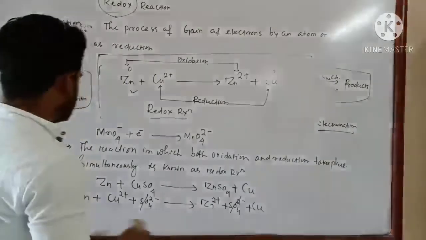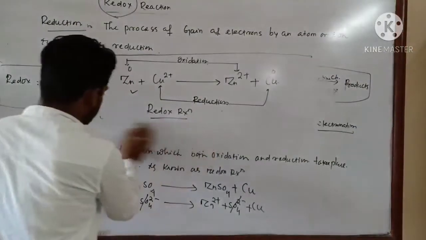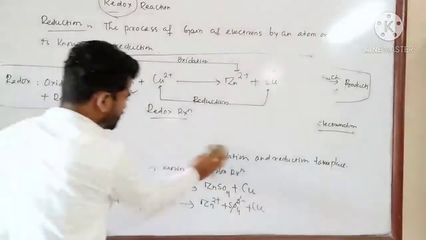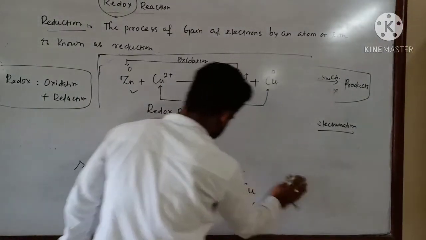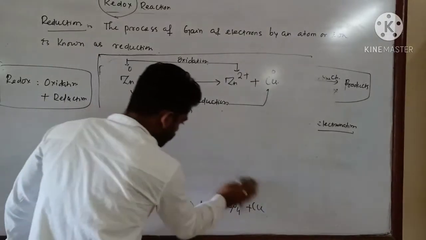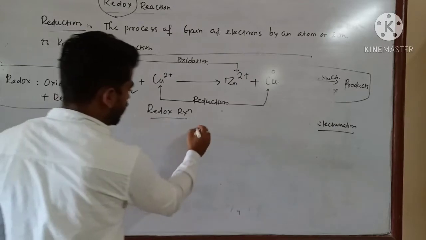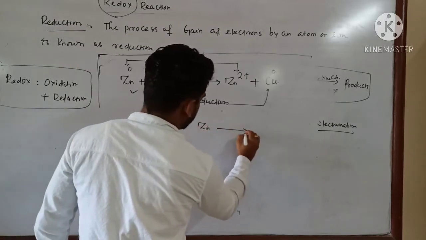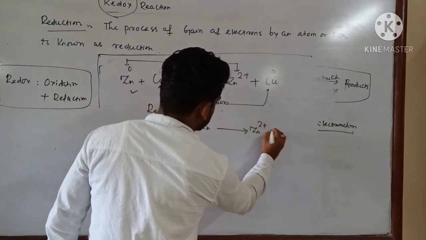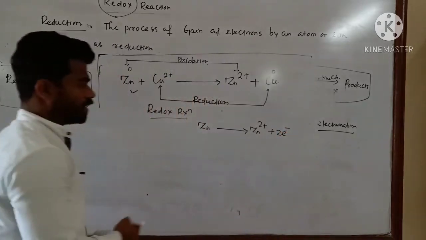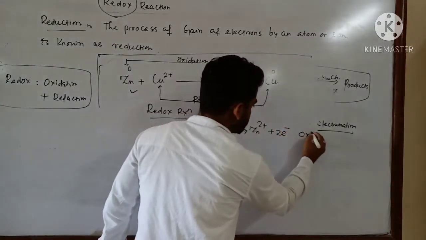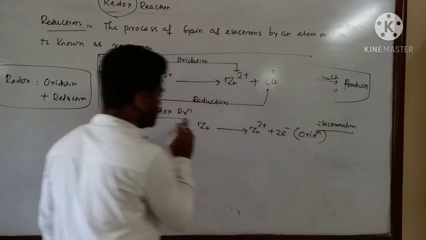Is that clear? So in this redox reaction, you should know the species which is oxidized is known as reducing agent. Here you see, so Zn get converted into Zn2+ with the loss of how many electrons? Tell me. 2 electrons. So this is known as oxidation. So which one is oxidized?